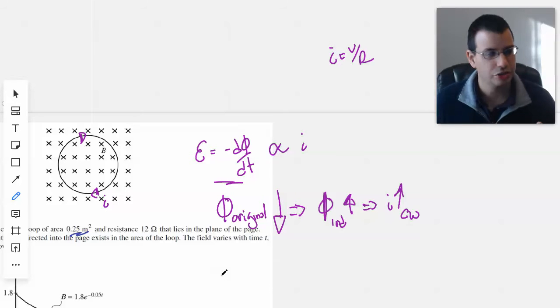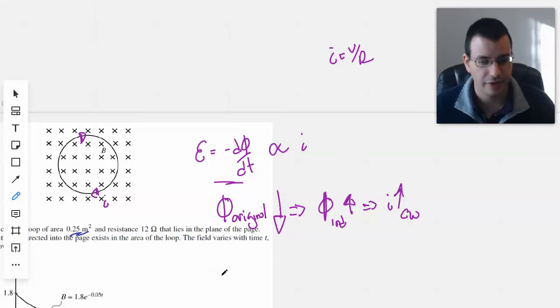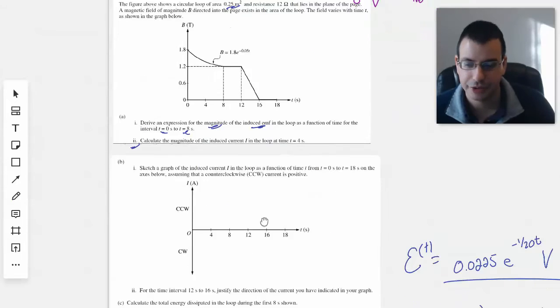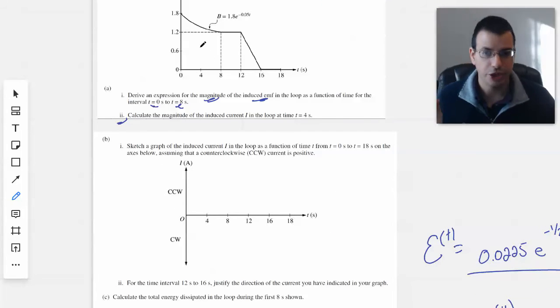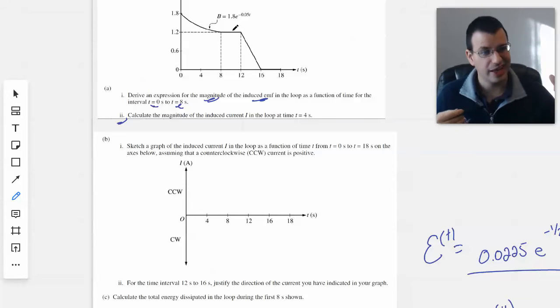So we can basically just draw what the EMF will look like, and that will give us something proportional to current, because we don't have to be exact here. We're just kind of sketching it out. So we know clockwise, so we're going to be on the bottom, and we're going to be clockwise as long as it's going down. So it looks like it's going down the whole time except for right here, where it's just flatlining.